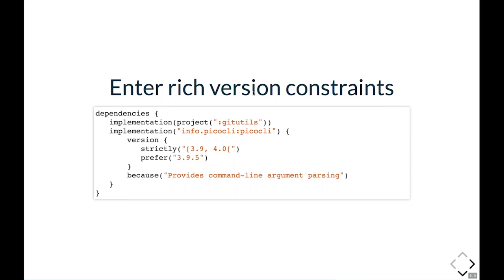So I give much more to the engine because I'm telling it, if something is beyond the range, you should fail. There's no way it would work. And if you find a transitive dependency that wants, say, 3.9.6, use it, that's fine. It should work.